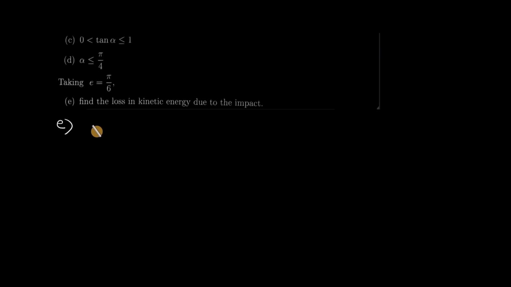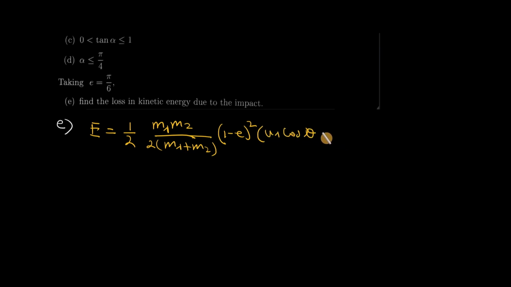Kinetic energy loss is mostly denoted E and can be gotten from the formula E equals half of m1 m2 over 2 into m1 plus m2, into 1 minus E squared, into u1 cos theta minus u2 cos alpha, where m1 is the mass of sphere 1, m2 the mass of sphere 2, E the coefficient of restitution, which is given as pi over 6, and u1 cos theta, u2 cos alpha are the parallel components of the velocities of the spheres before impact.